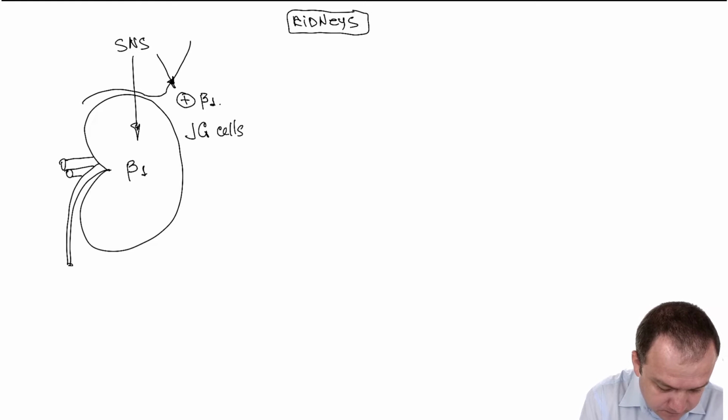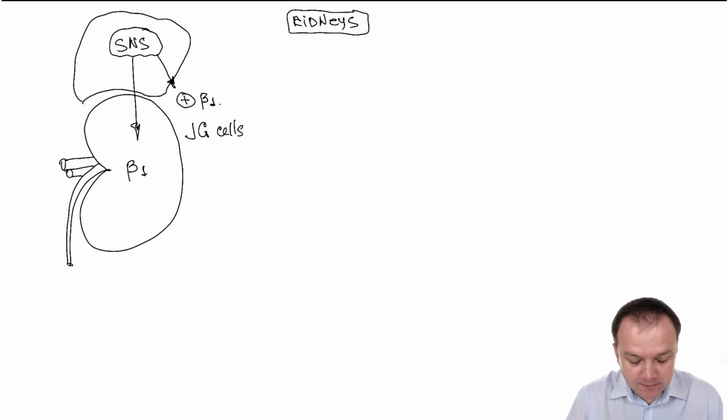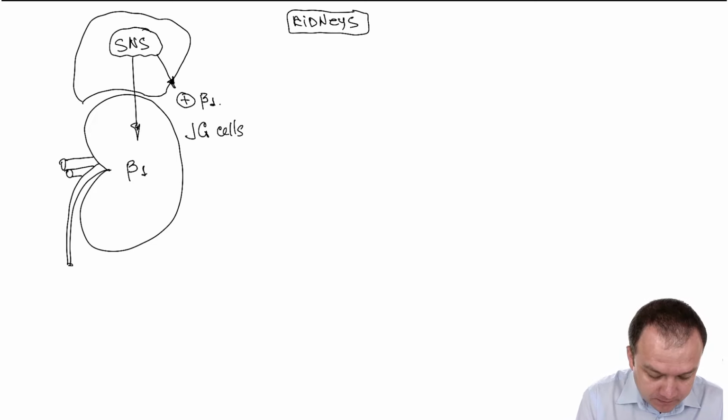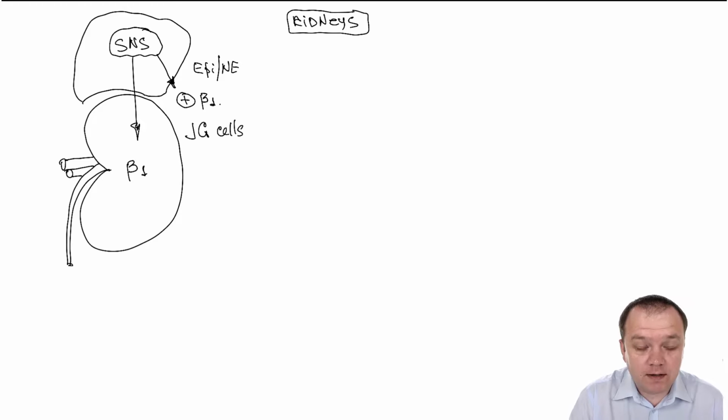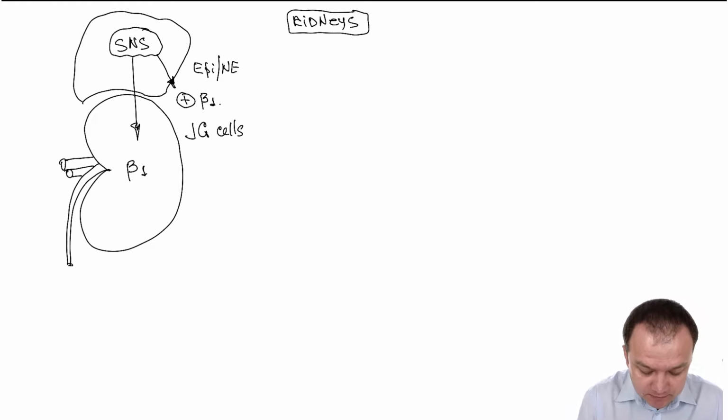It lives in the adrenal medulla, right? So we have epinephrine, norepinephrine, or activation of kidney sympathetic nerves or kidney sympathetic fibers, and juxtaglomerular cells release renin.